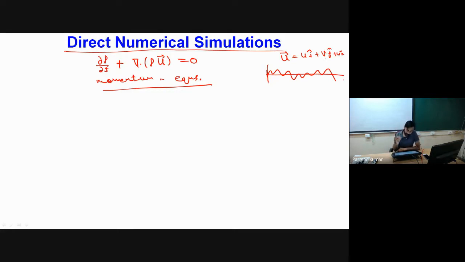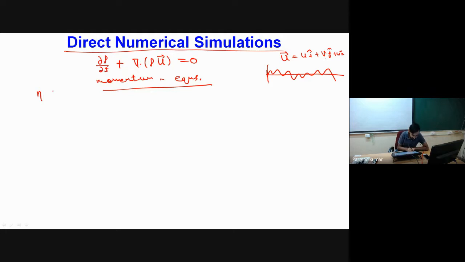Now one important thing is clear, that we are trying to find out the effect of the smallest eddy which is present, and obviously depending upon the kinetic energy of the eddy, they have different time scales also. So whatever the fastest time scale present in our flow domain, that also we have to resolve. The smallest length scale is the Kolmogorov length scale, given by the symbol eta.